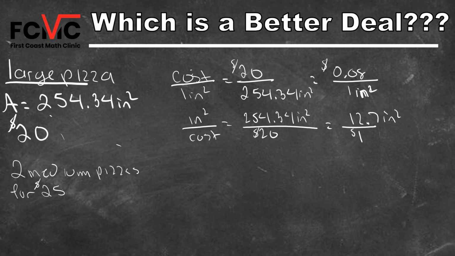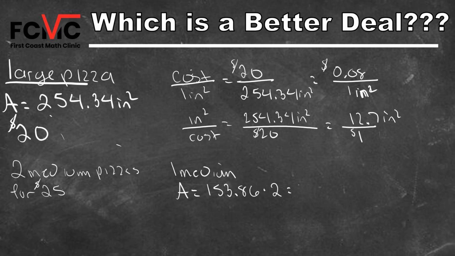All right, so let's do the same thing for two medium pizzas. We know that one medium has an area of, we said it was 153.86. So let's double that, multiply by 2, because now we're getting two pizzas.